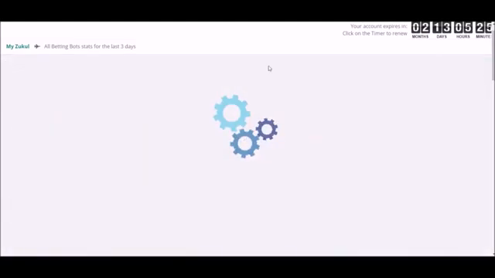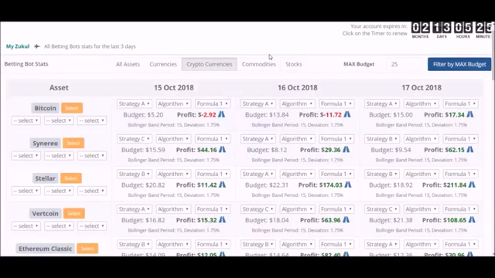And then hopefully what will happen is that the bot will then go off, it'll run through some algorithms, and it'll then give you the best scenarios per day based on our $25 budget. So as you can see, we come back to our friend here, the Cinero coin, and we've got a nice profit here on $15. We've got a nice profit here on just $8, and we've got a really nice profit here with $9.